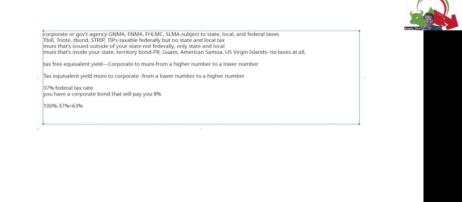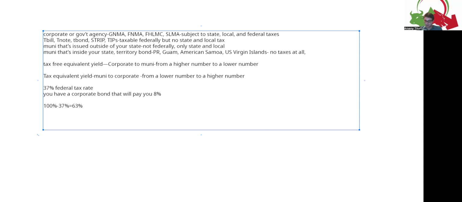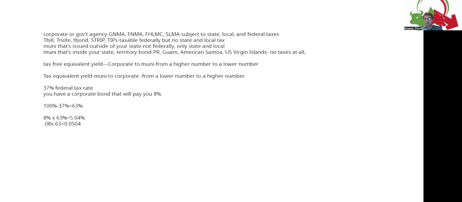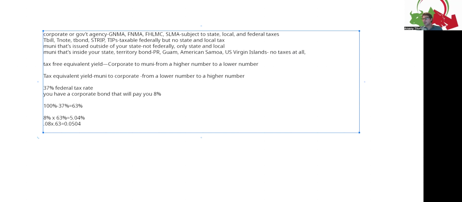You could convert that to a decimal too: 0.08 times 0.63 gives us 0.0504, so that's the equivalent of 5.04%. As you can see, when you're in a high tax bracket, you're jumping down almost 50%. It's a pretty significant benefit.